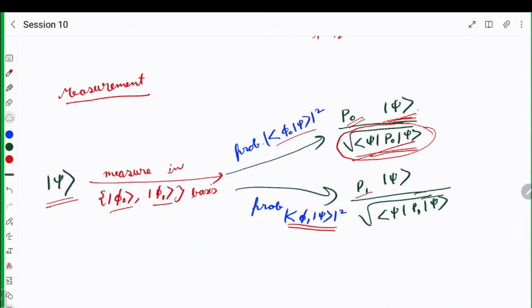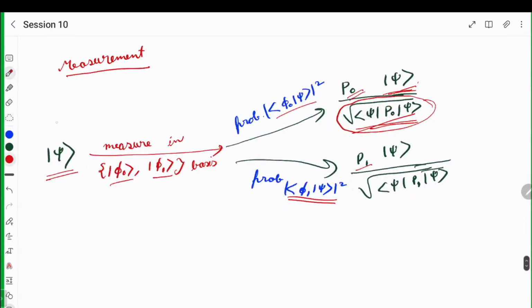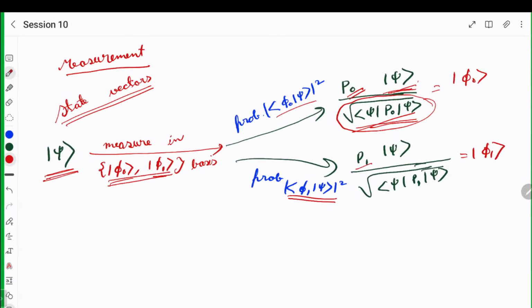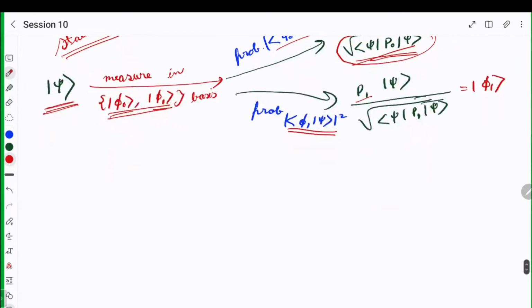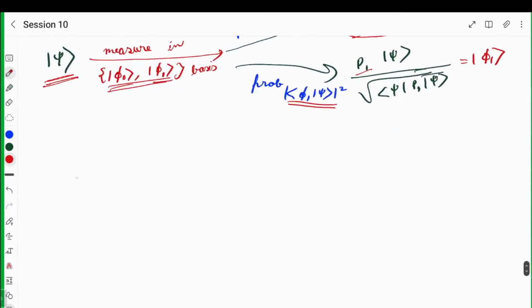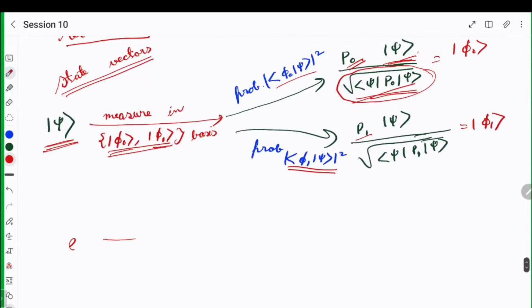We saw that for state vectors, if you have a system in state psi, you would get the projection operator acting on psi with a normalization, which will actually give you phi naught or phi 1 after measurement, if you're measuring in the phi naught, phi 1 basis. So what is the corresponding thing for density matrices? You would have rho, and then you would do the same thing.